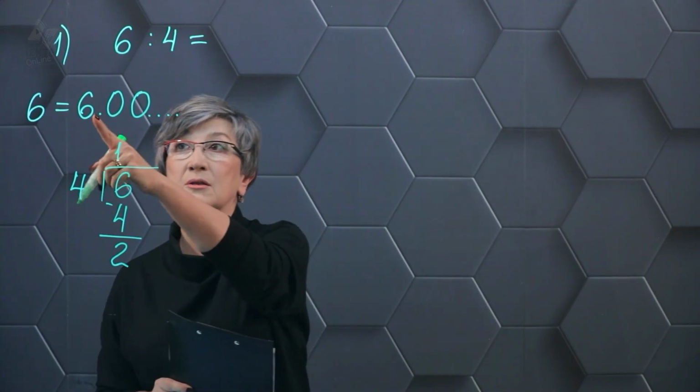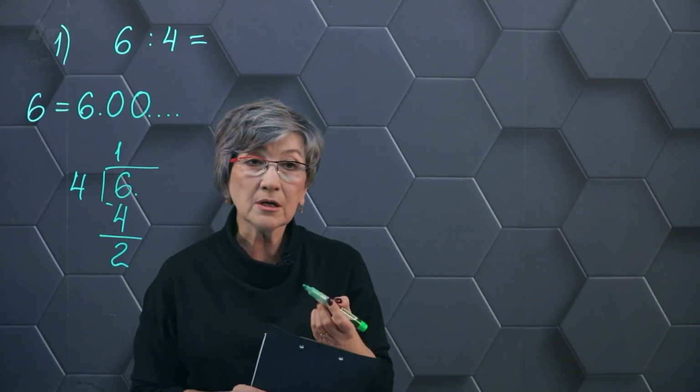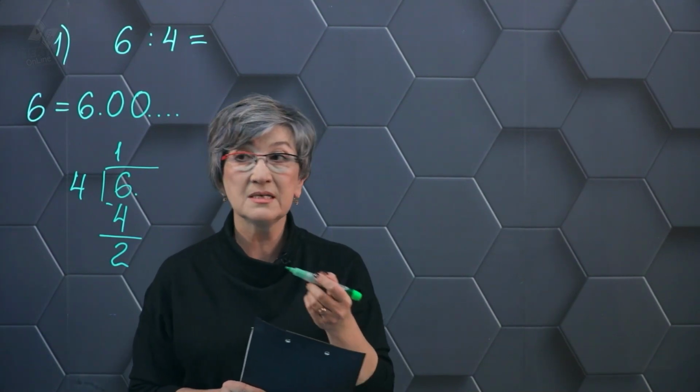But I don't have any more digits here. But it's not for nothing that we wrote down that I can put a dot after the 6 and write down as many zeros as I need to divide. So I write down a 0. And since I need to get to that 0, and I'm hindered by this point, I have to fix this point in the quotient.